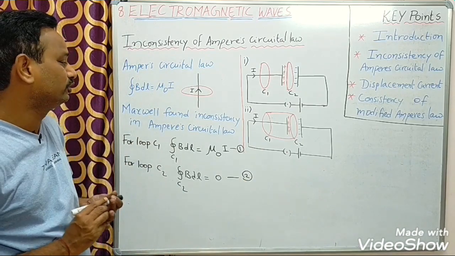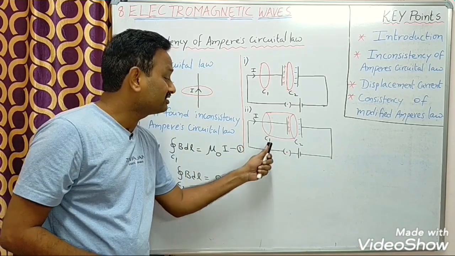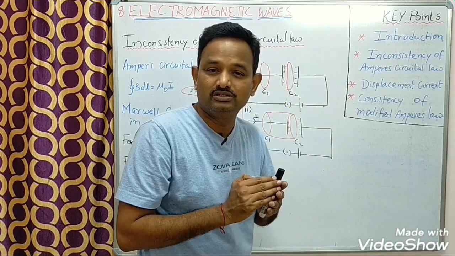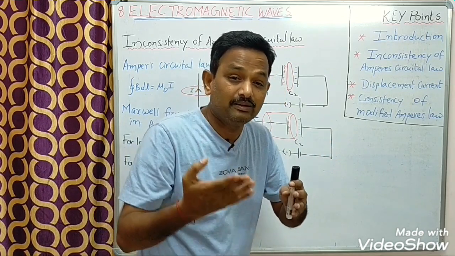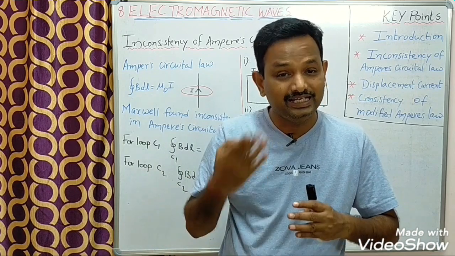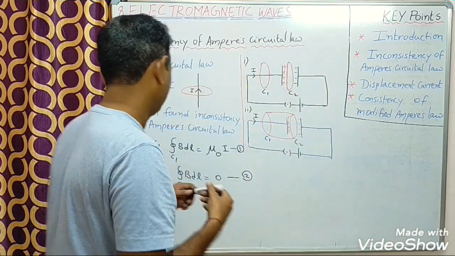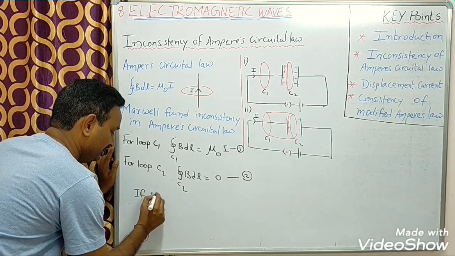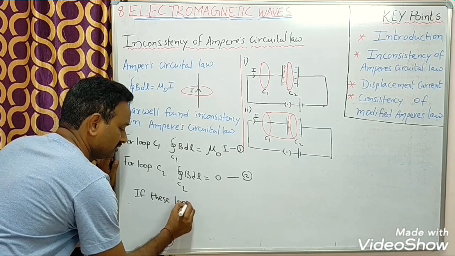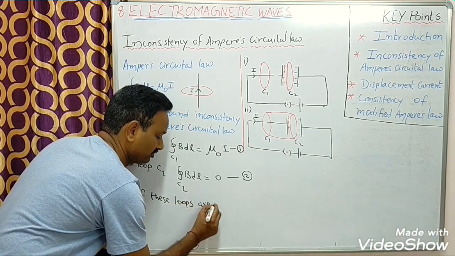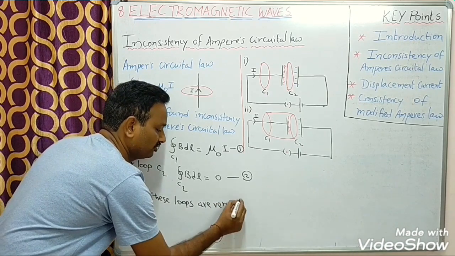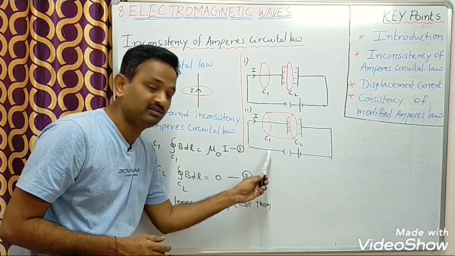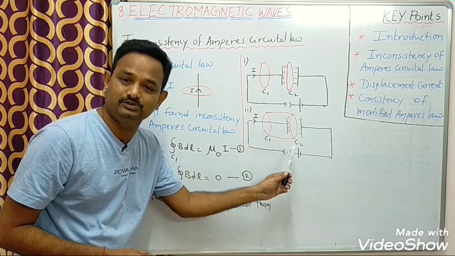Now, Maxwell considered that if these two loops are very close, then their magnetic fields must be equal. If these loops are very close, then the magnetic field produced by loop C1 will be equal to the magnetic field produced by C2.